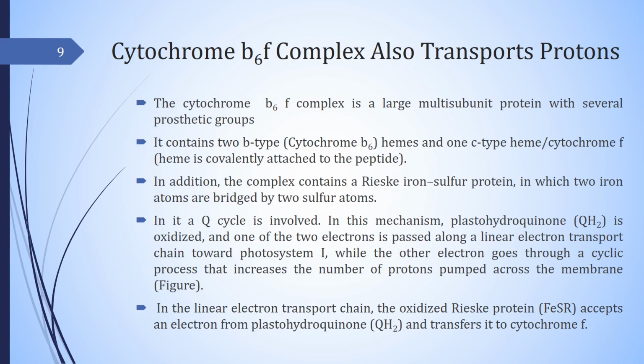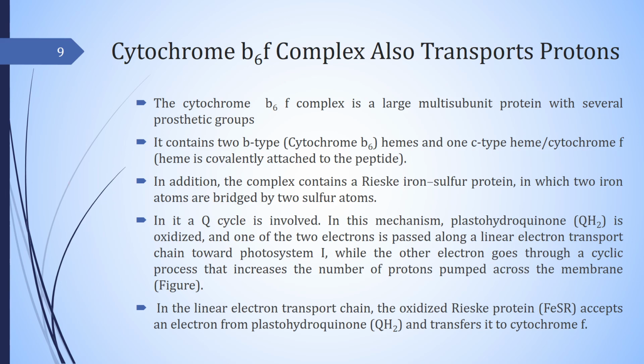Now the role of another major complex of the Z scheme, the cytochrome B6F complex, which also transports protons. The cytochrome B6F complex is a large multi-subunit protein with several prosthetic groups.